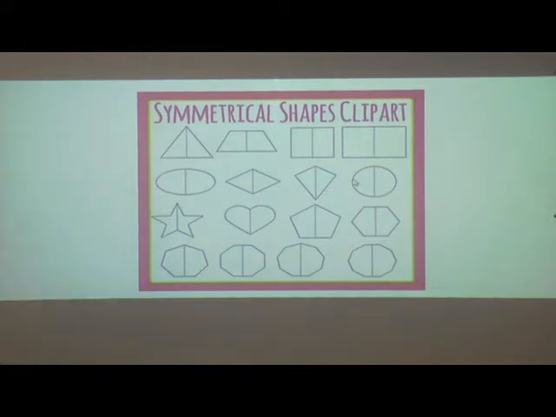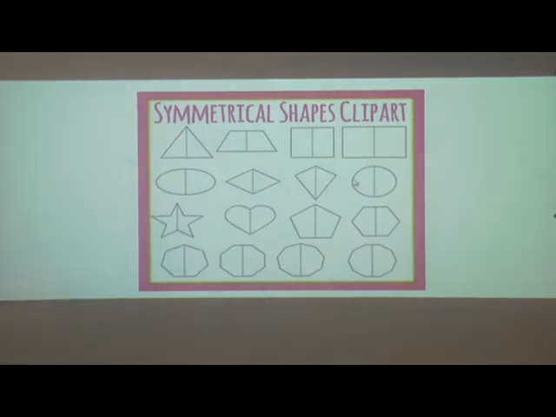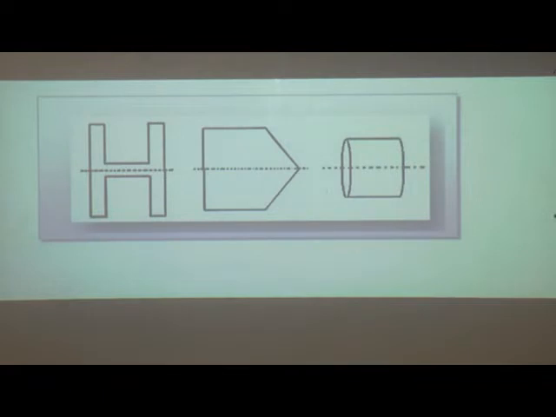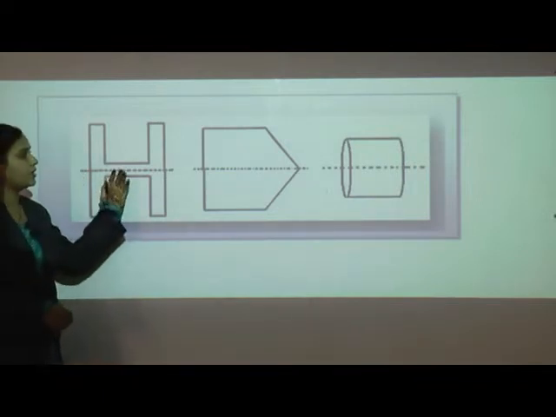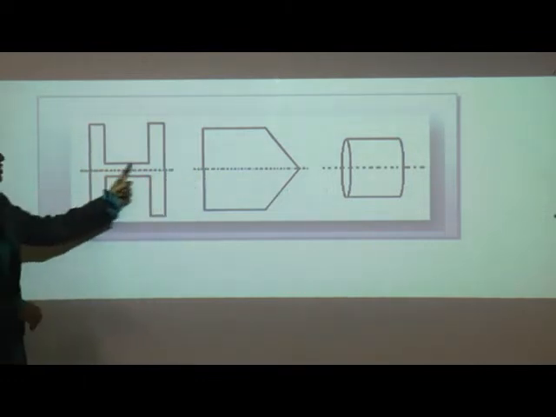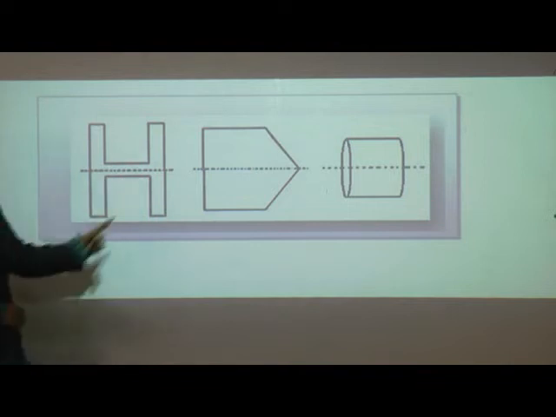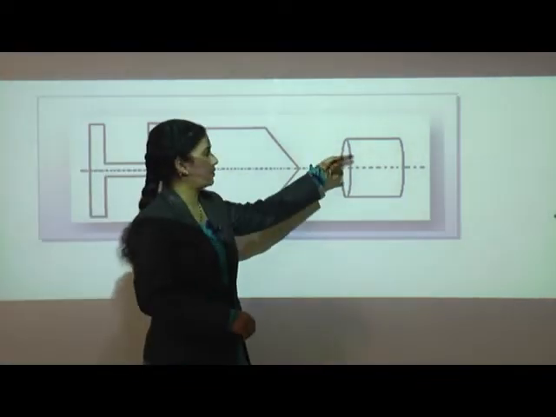So all of you understood what is meant by symmetrical shapes? Okay. Now we will see the next point. Here also see H. Here is the horizontal axis of symmetry. Okay, this horizontal line divides the H into two equal parts. Even this also. Okay.